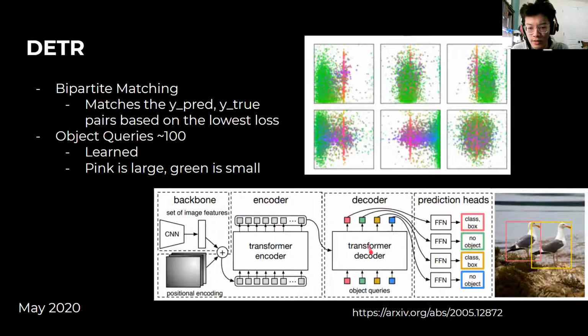So we feed in these object queries with these encoder embeddings, and then we get the outputs here. We get 100 outputs, which have a class classification and the bounding box information.